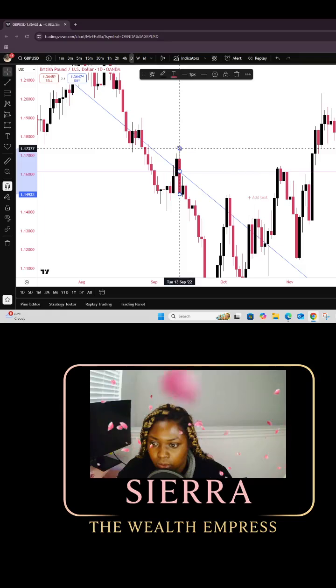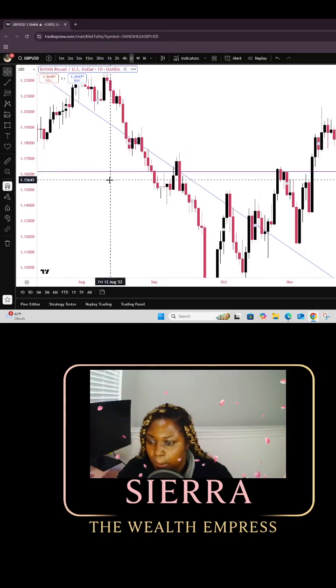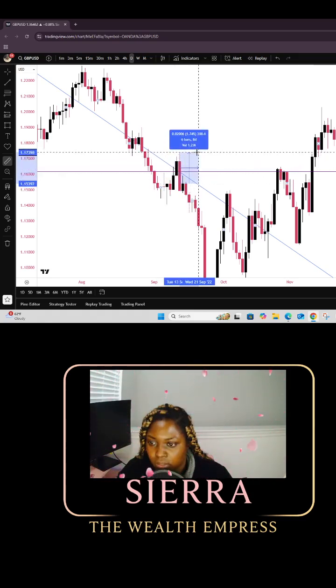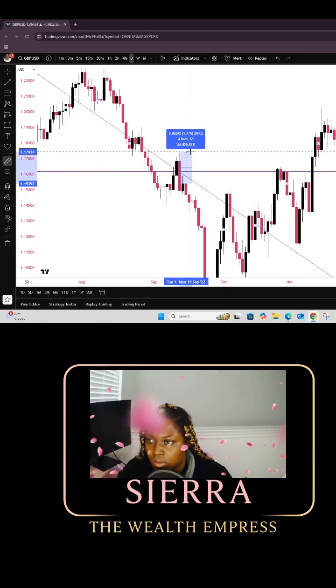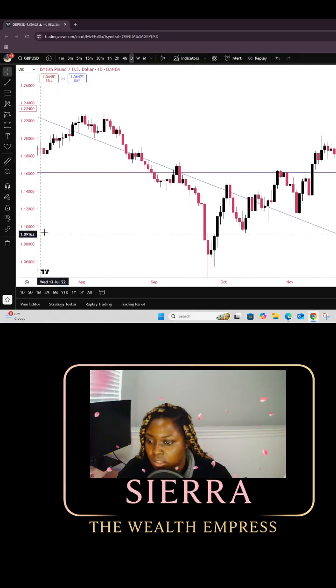Let's see. Not quite 50%, but it did pull back far enough to where, let's say you got in here, your stop loss would have been 200 pips, but this is on the daily.